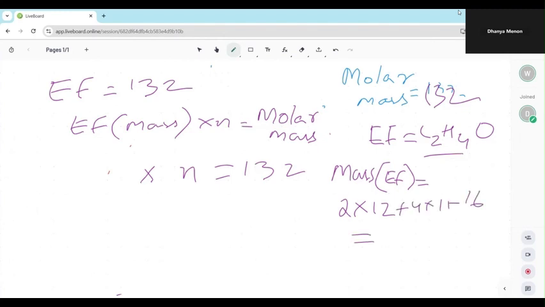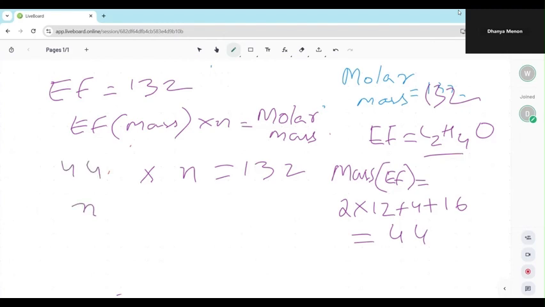That comes to 44. So just as you calculate the molar mass, similarly you find the mass of the empirical formula. You just add up the mass numbers considering the number of atoms. So empirical formula mass is 44.